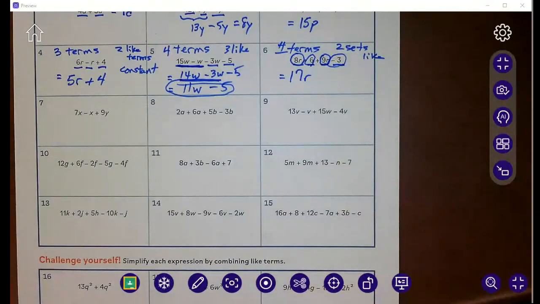The 6 and the -3. Mr. Brown, what would we get if we combine +6 and -3?